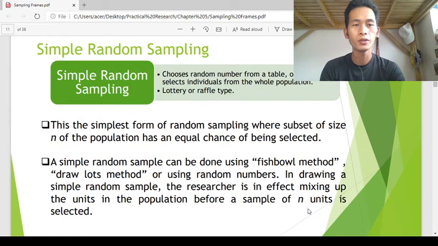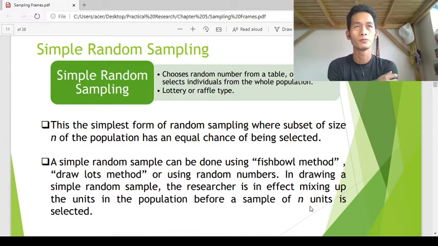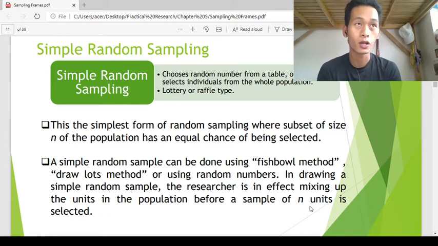Now, in simple random sampling, it chooses a random number from a table or randomly selects individuals from the whole population. Another term is lottery or raffle type. So draw lots, diba? Fishbowl method. For example, the whole population is the whole senior high school students, diba? That is your whole population.